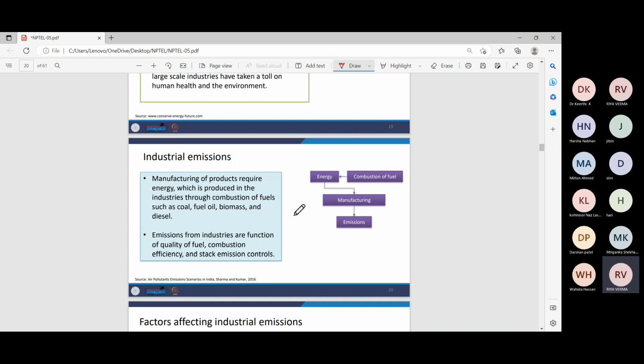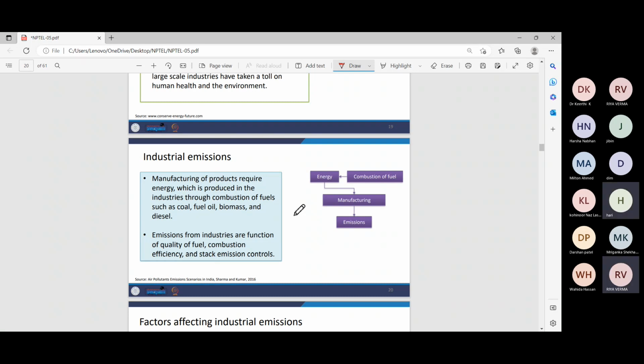For example, in the brick manufacturing process, during the burning process, the combustion is there, and that generates a huge amount of emissions. And these are a function of quality of fuel.